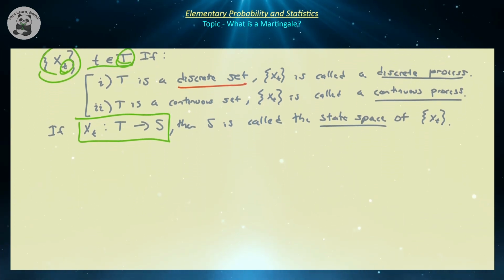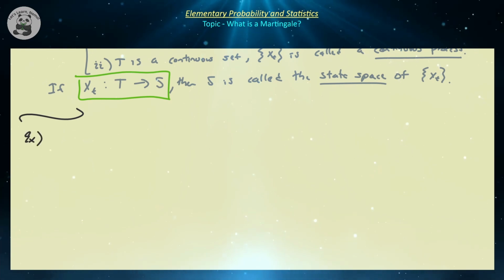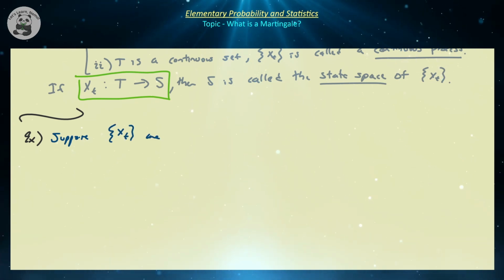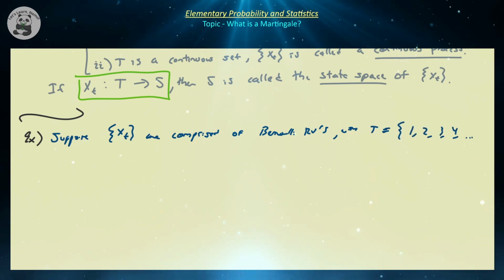So let's look at a very basic example of a stochastic process that you probably have already worked with in the past. Let's suppose that our stochastic process X_t is comprised of Bernoulli random variables, all of them, with the domain t = 1, 2, 3, 4, and so on.